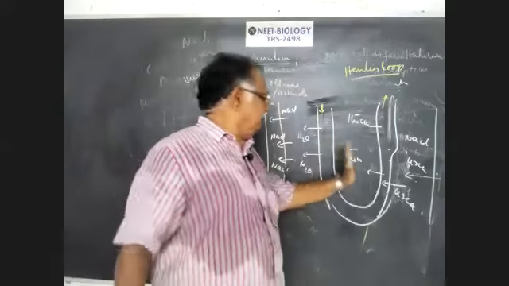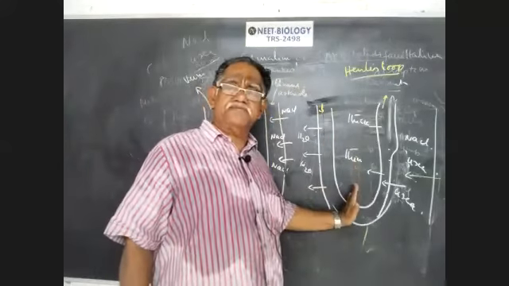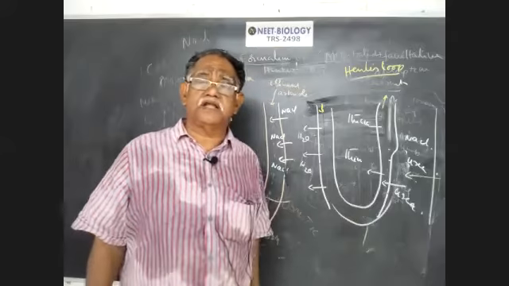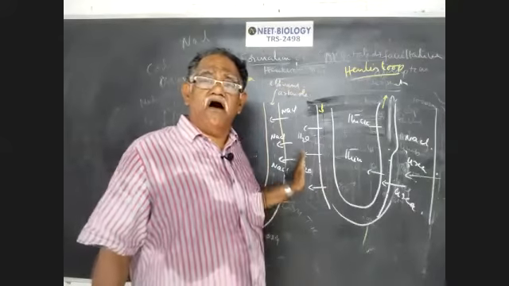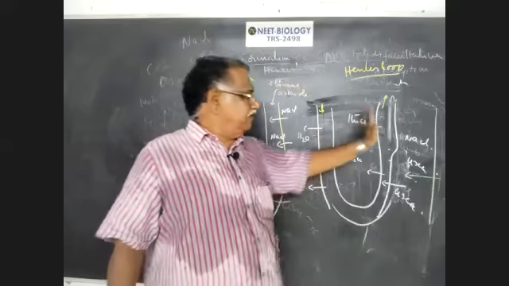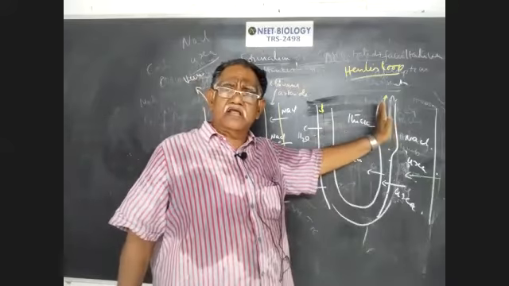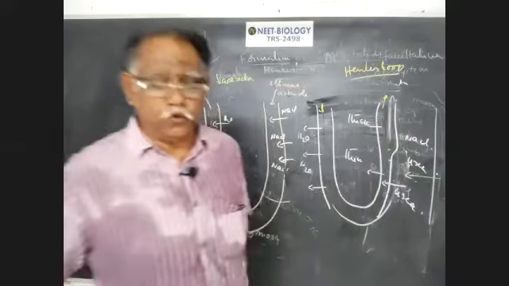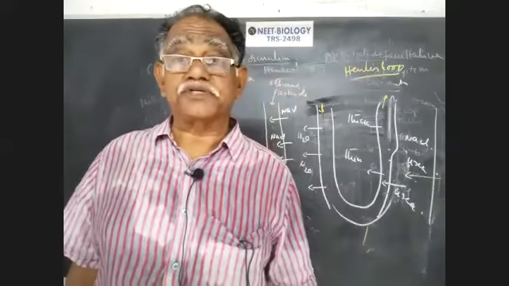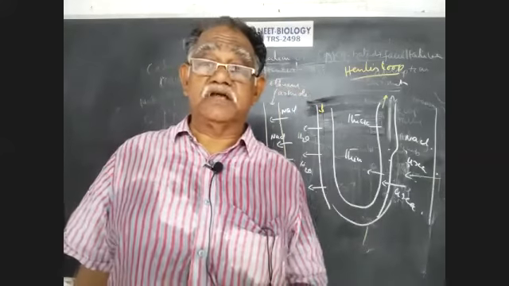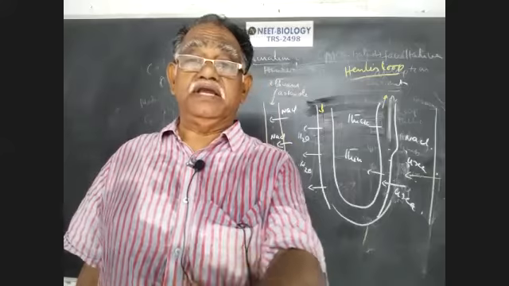In the initial segments of the nephron, water reabsorption is a passive process, obligatory reabsorption. In the distal convoluted tubule and collecting tubule, water reabsorption is facultative reabsorption, an active process, which is under the influence of the hormone ADH.